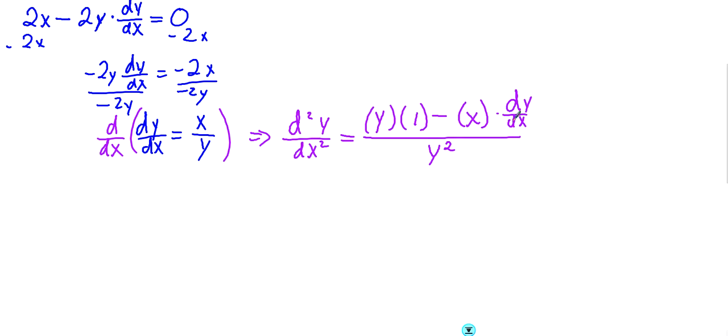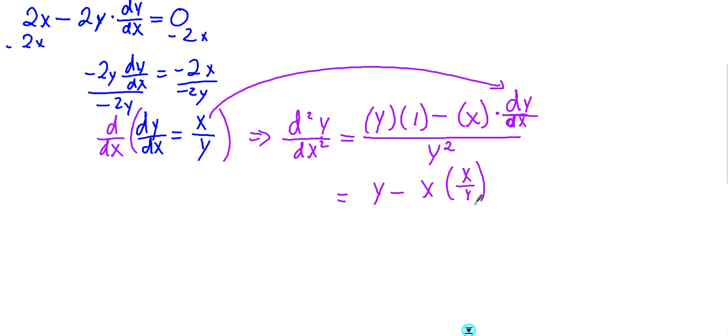The problem is that I have the second derivative in terms of the first derivative. So what I have to do is use my first derivative and substitute it in there. So you get y minus x times x over y, all over y squared. Now we're going to simplify this a bit. When you multiply these, you get y minus x squared over y squared.